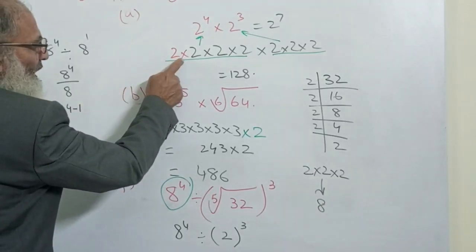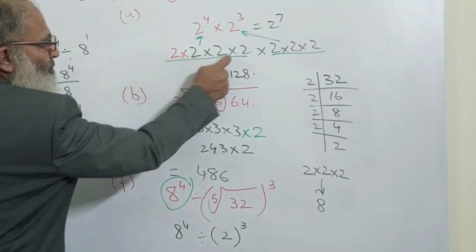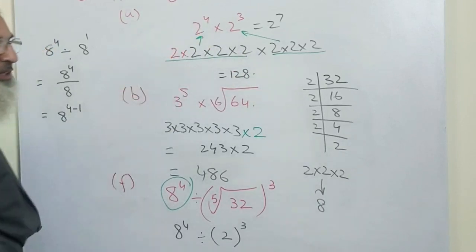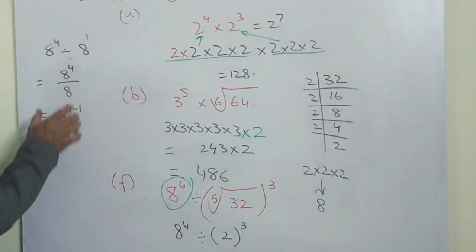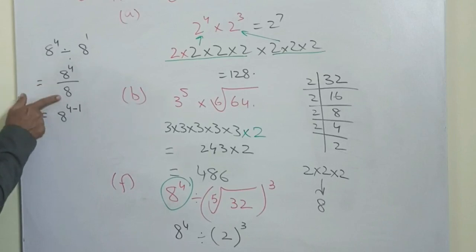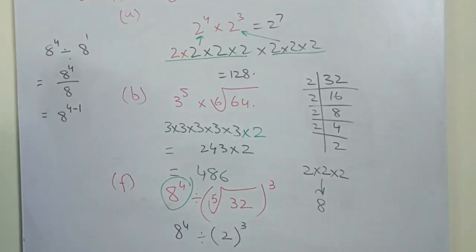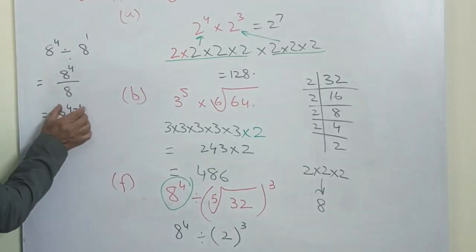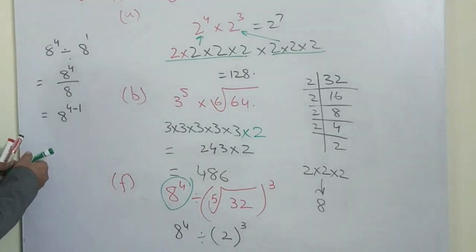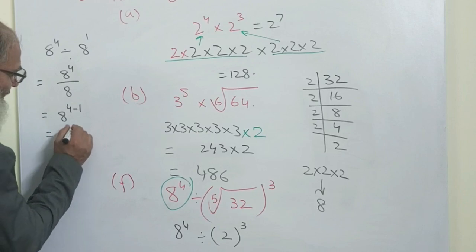That means for multiplication with the same base, we add the powers, and for division, if the bases are the same, we subtract the powers. Now, what happens here? It becomes 8 raised to power 3.